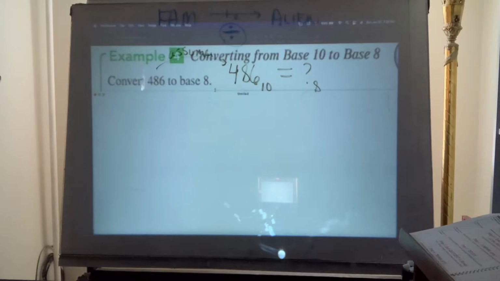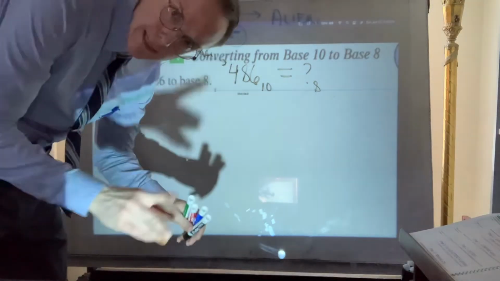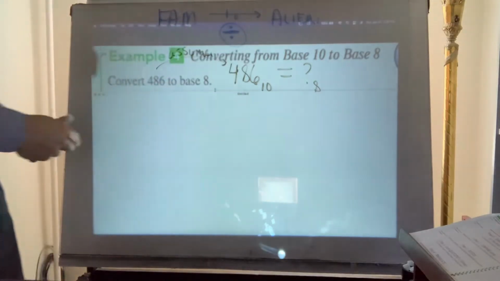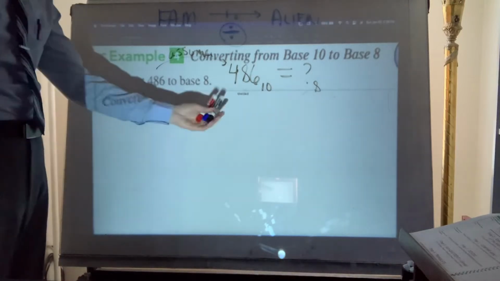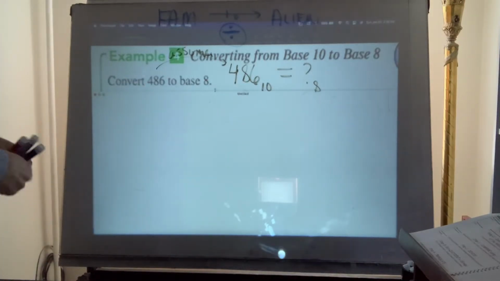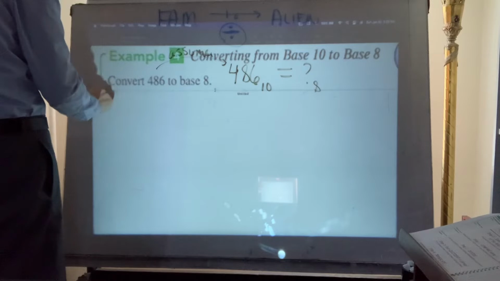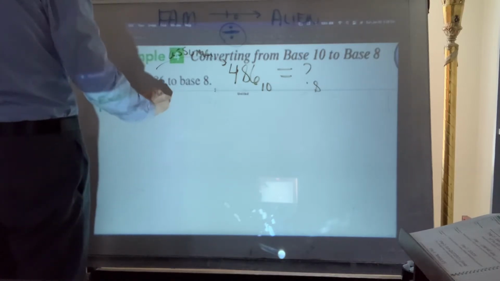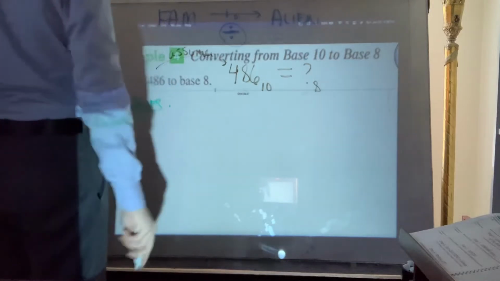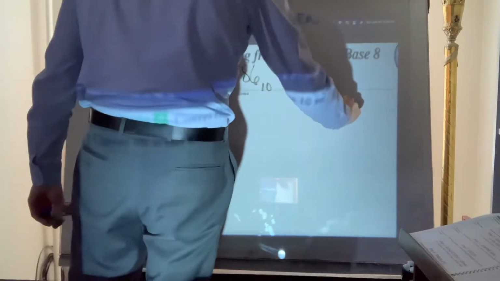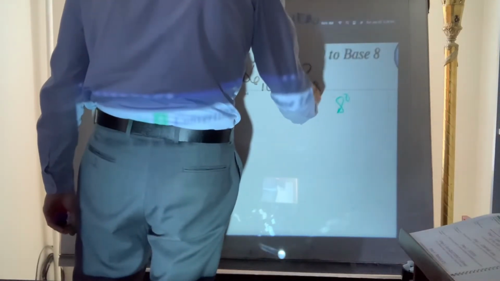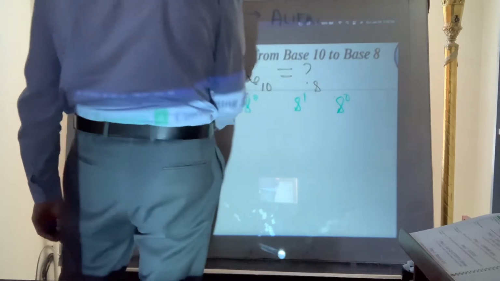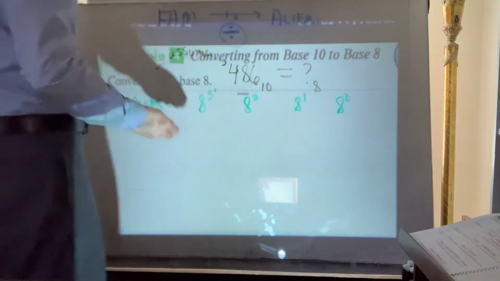We're going to start again with identifying the positional values of the alien system. So you kind of have to throw a few up there at least to get going. So positional values: 8 to the 0, 8 to the 1st, 8 to the 2nd, 8 to the 3rd. Hopefully you won't need anything beyond that.